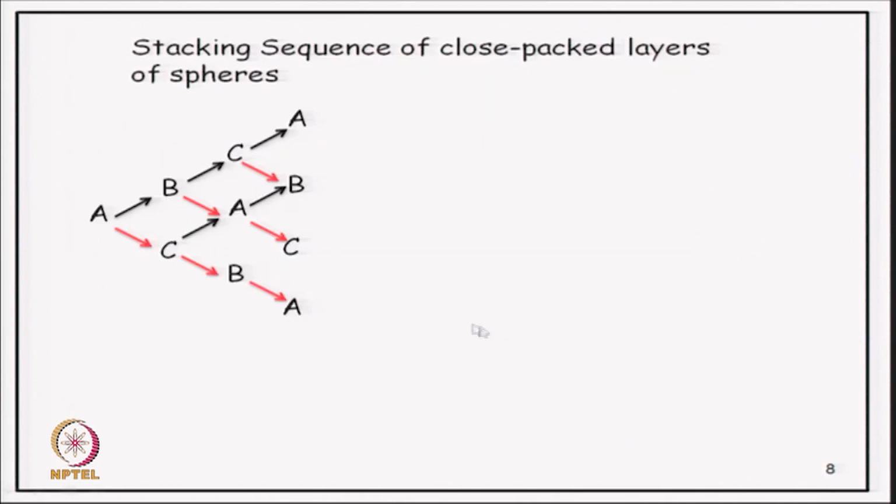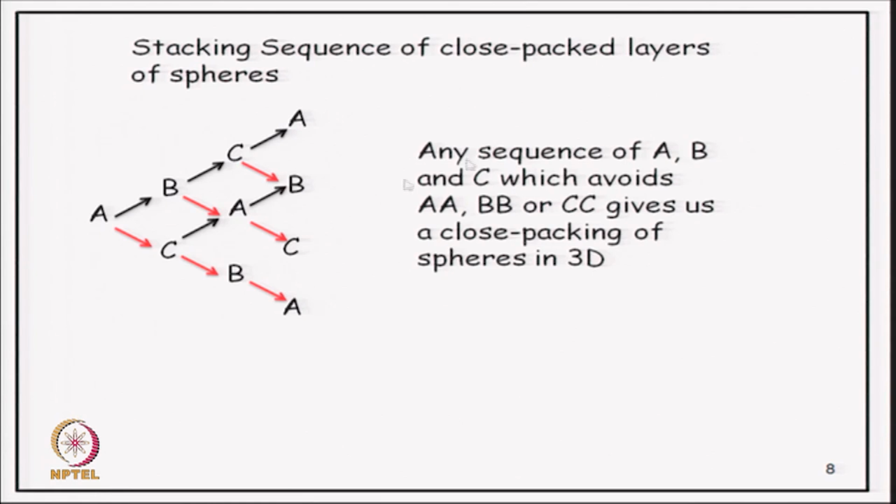So, let us summarize this. The stacking sequence of close packed layers: on A I can put either B or C, on B I can put either C or A, on C I can put A or B. So, essentially our rule is that any sequence of A, B or C is possible, which avoids similar stacking. A, A, B, B or C, C should be avoided.